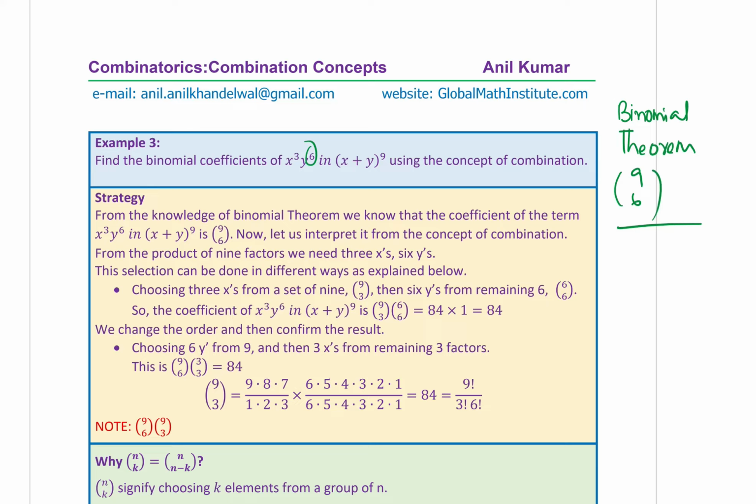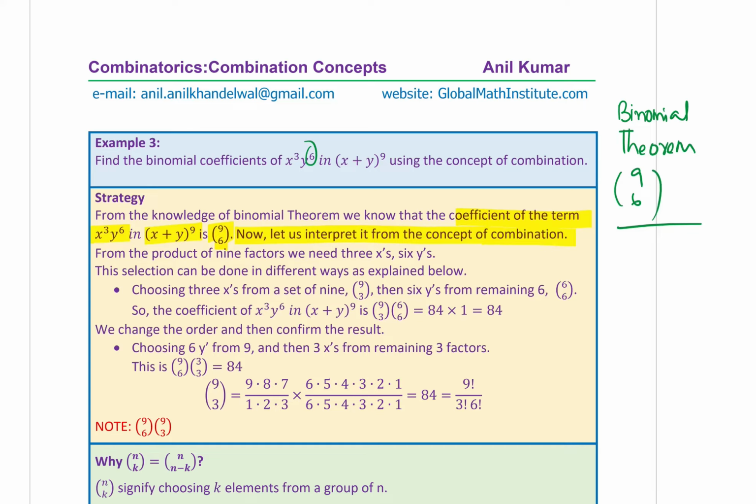That's the whole idea. Now from the knowledge of the binomial theorem, we know that the coefficient of the term x to the power of 3, y to the power of 6 in (x plus y) to the power of 9 is 9C6, correct? 9 choose 6. Now, let us interpret it from the concept of combination. That is the real question, right?